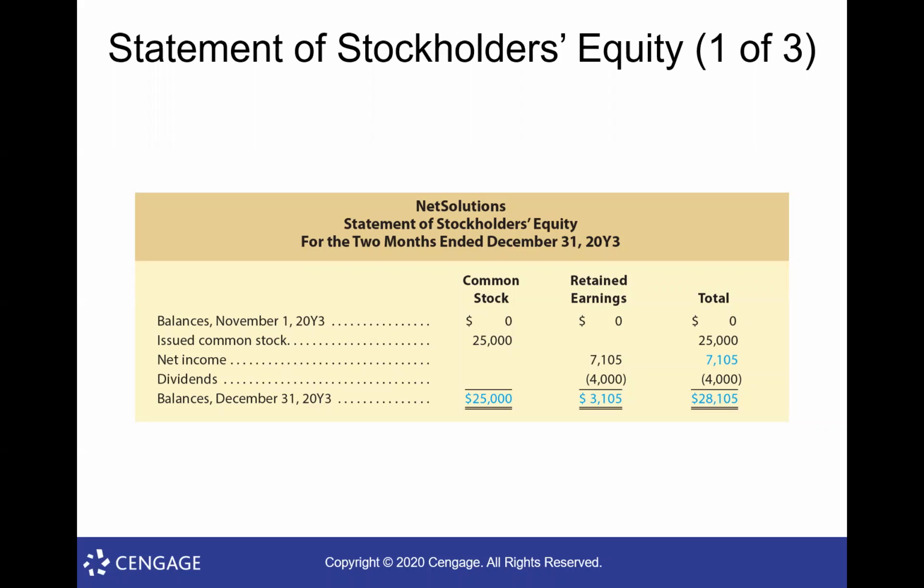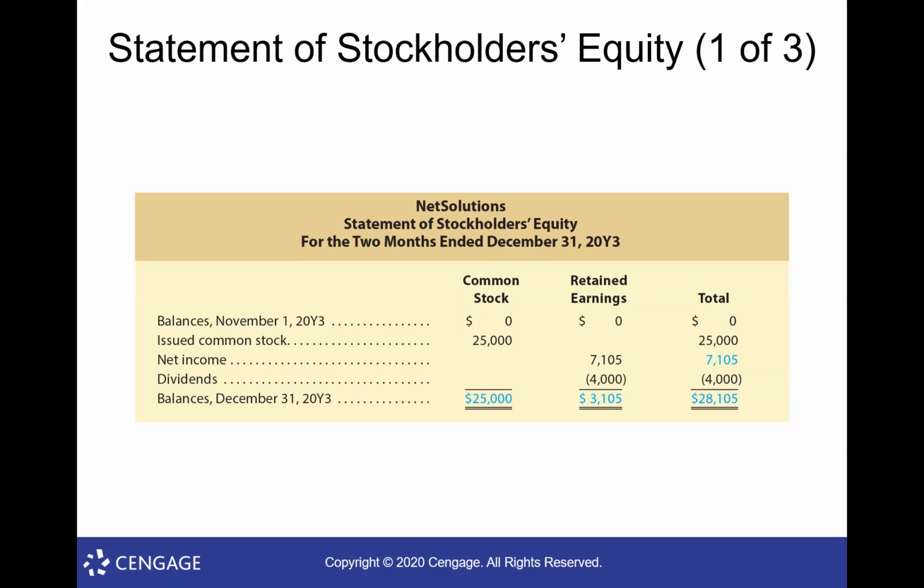The common stock increased. Then their net income, which again, is revenue minus expenses, added to the retained earnings. Then the dividends, money paid back out to the owners, subtracted from retained earnings. And in the end, the business now has a stockholders' equity of $25,000 from common stock, $3,105 from retained earnings, or a total of $28,105.